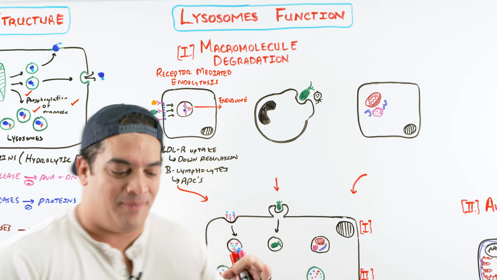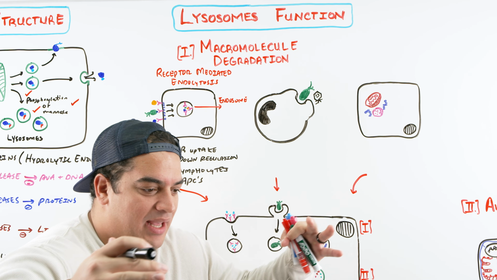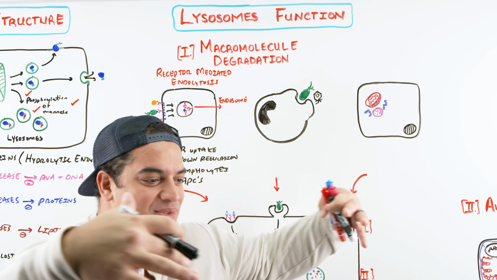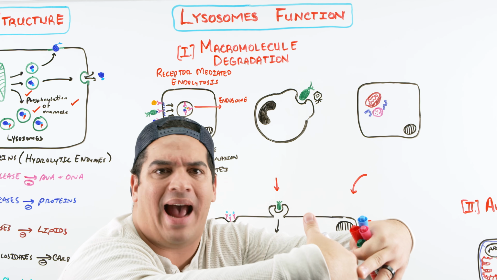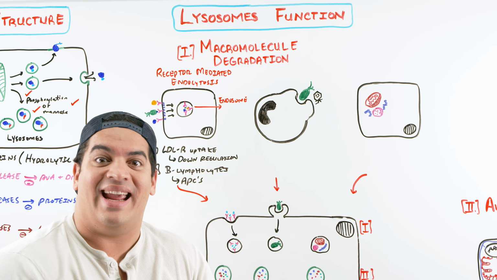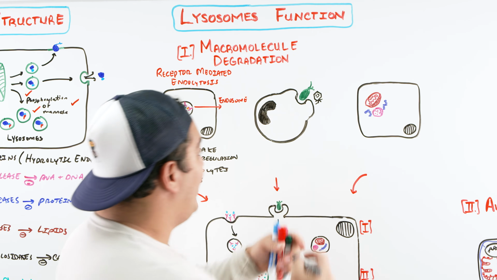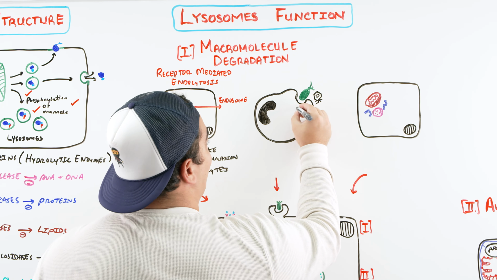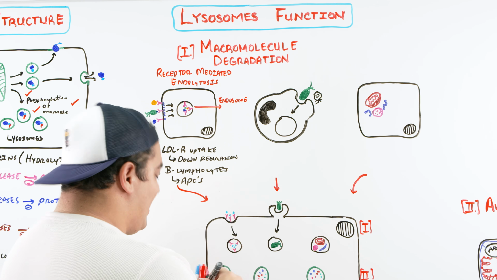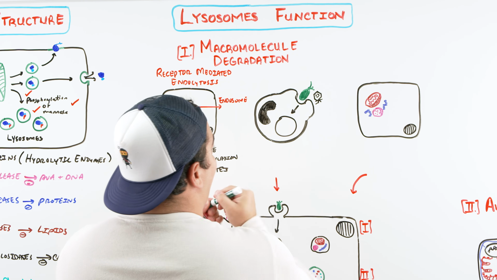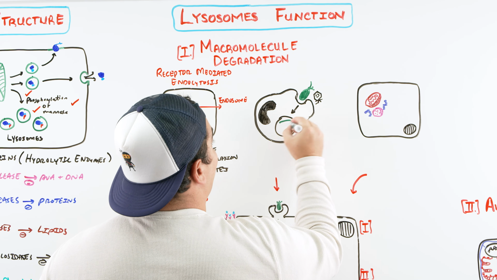What it'll do is use actin to make these things called pseudopods, these little arms. It'll engulf the bacteria or the virus, the pathogen in general, and bring it into the cell. As it forms these pseudopods, it sucks this bacteria or virus into the cell and makes this vesicle that can contain the things that it tried to eat.